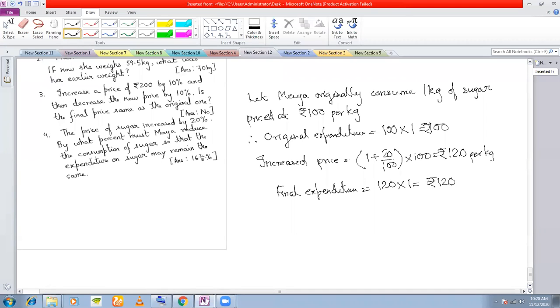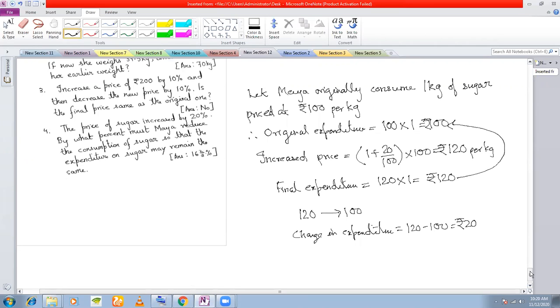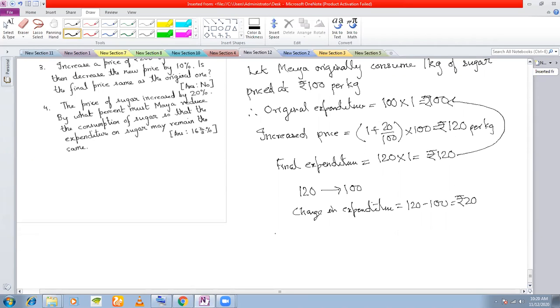That means she has to reduce her expenditure from 120 to 100, right? So what is the change here? Change in expenditure is 120 minus 100, which is 20. This is the change in expenditure.